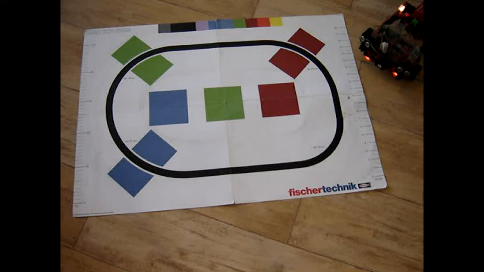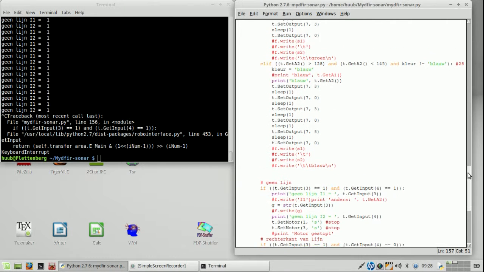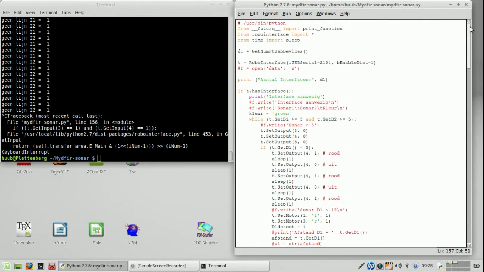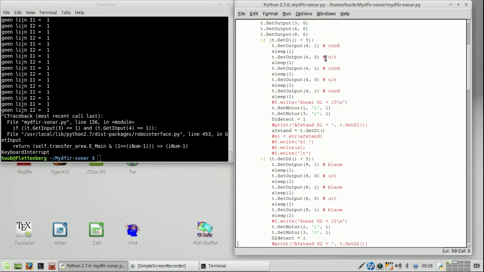Alright, the only thing I can say is back to the code. So, in which cases does it activate the buzzer? Not here.